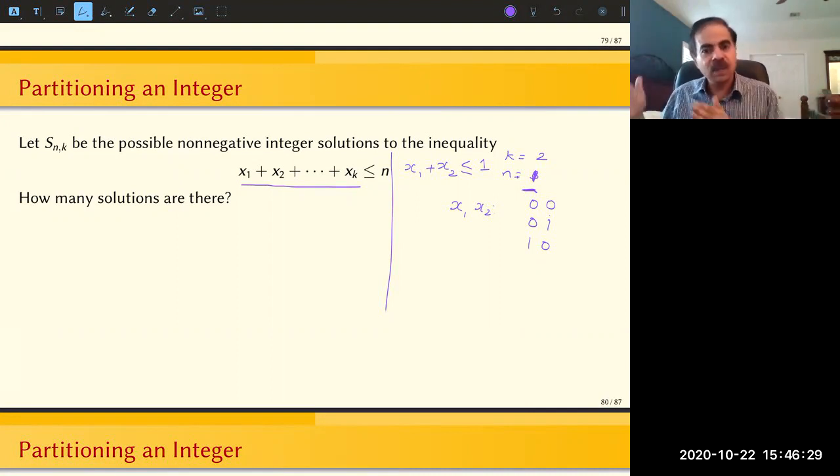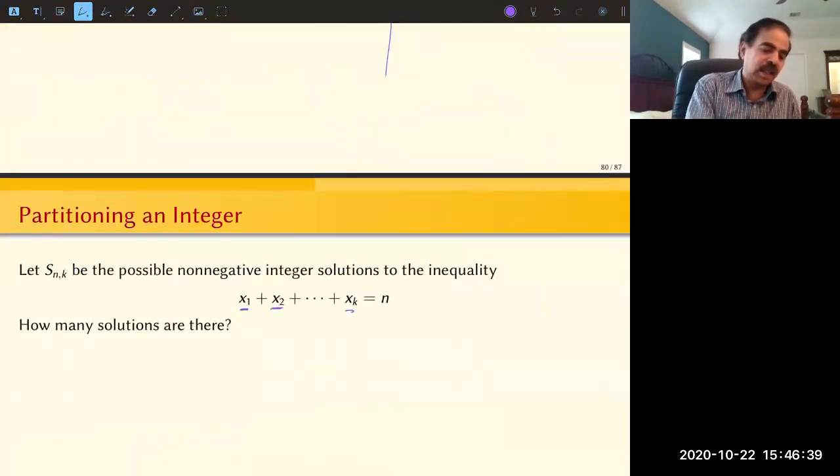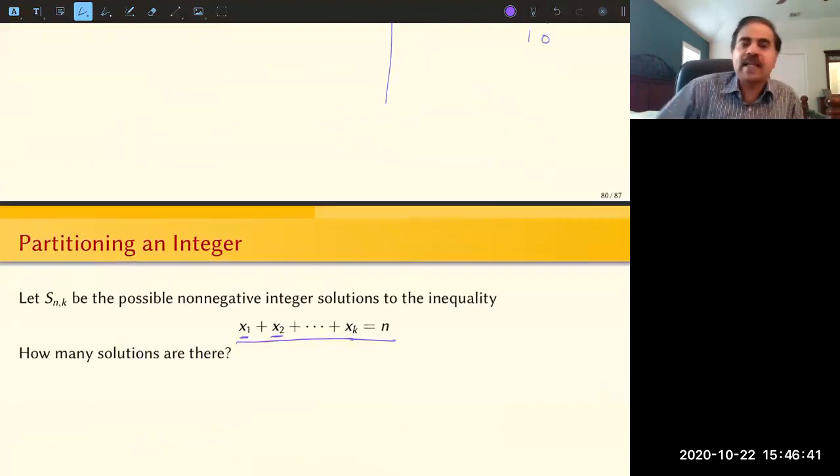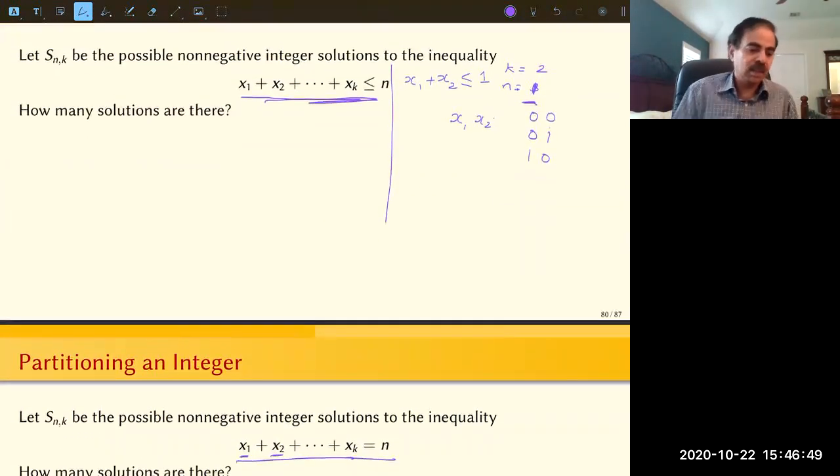Can I somehow use what I know about that problem and map it to this problem? Can we do something so that this equation can become more like that equation? Is there a way to turn this one into this one?